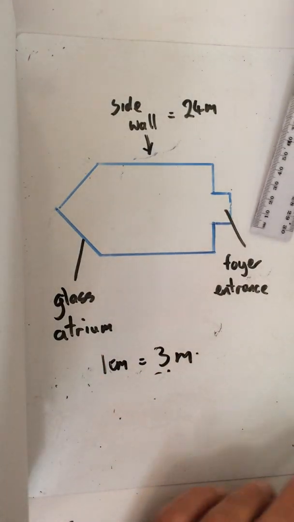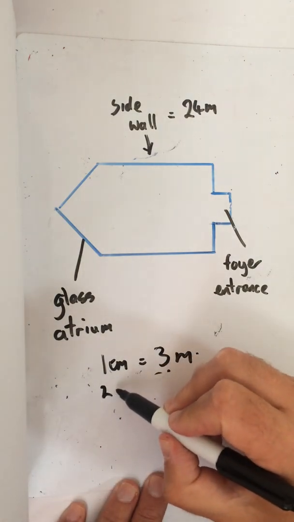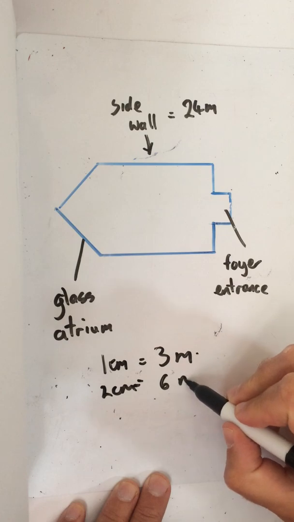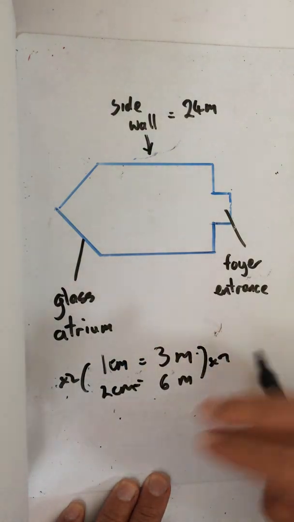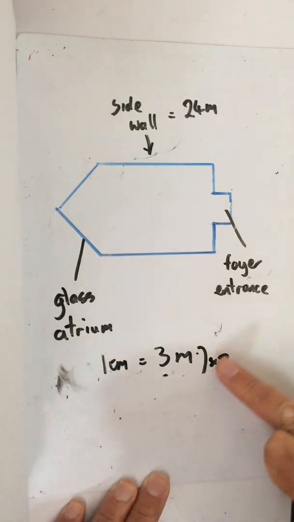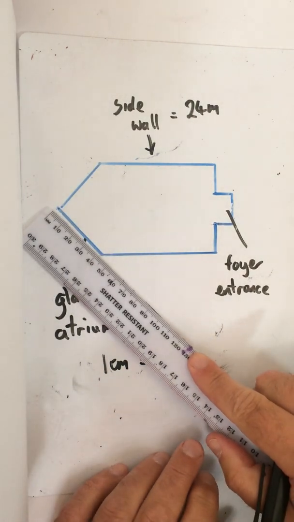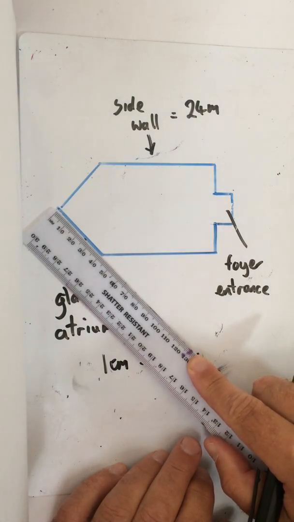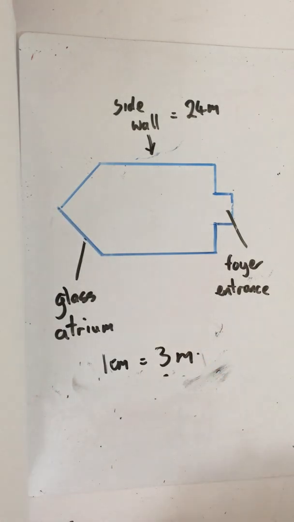Okay, so let's have a look at the fire entrance. There we are, 2 centimeters. So in reality, that would be 6 meters, because we're timesing by 2, timesing by 2. And then the outside of the glass atrium, that is again 4. Now, sometimes it's not exact, so sometimes you have to do a little bit of estimate. Oddly enough, that is exact.